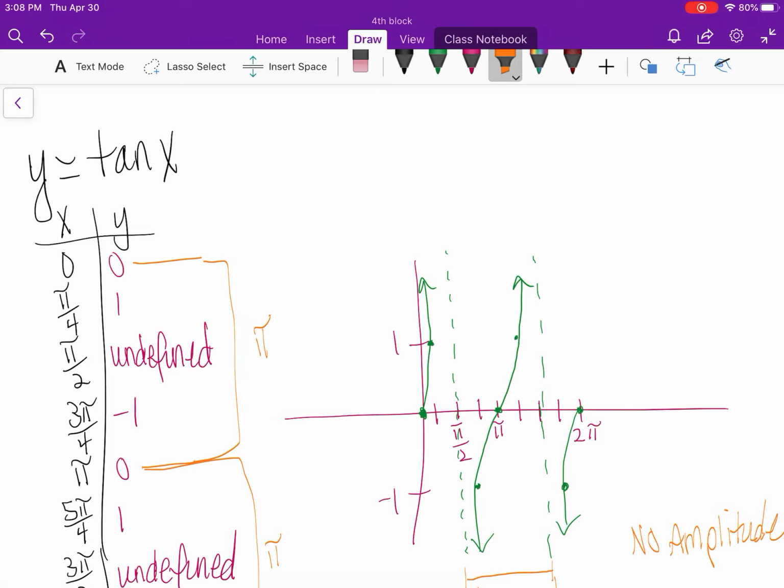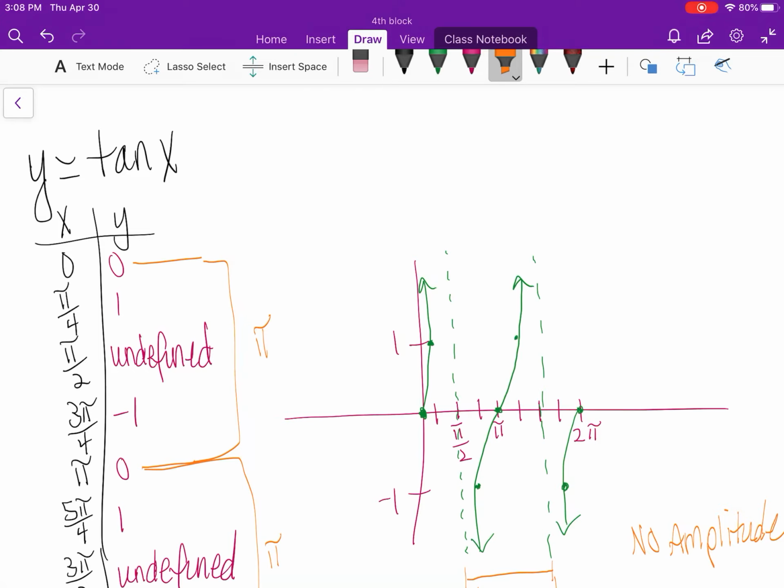So that's going to change things, because now when we do our key points, we really just need our asymptotes. And then look what happens right in between your asymptotes. Right in the middle, we have an x-intercept. Are these points critical? Not really. We just put them on this first graph so that you'll know that in between those lines, it makes that curve and it doesn't just shoot straight up. It's not linear.